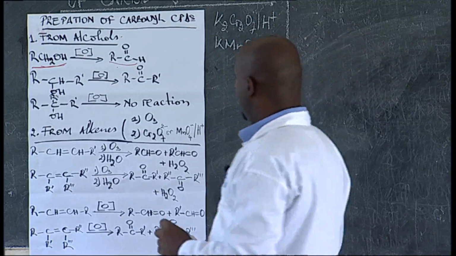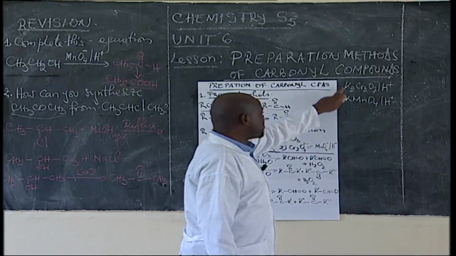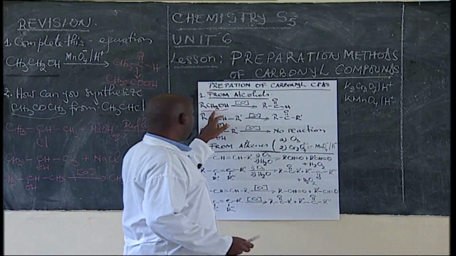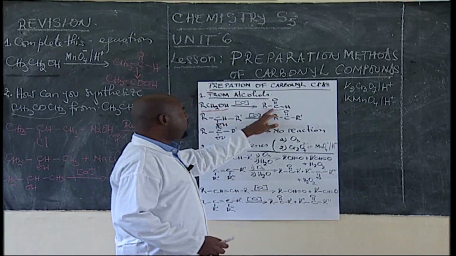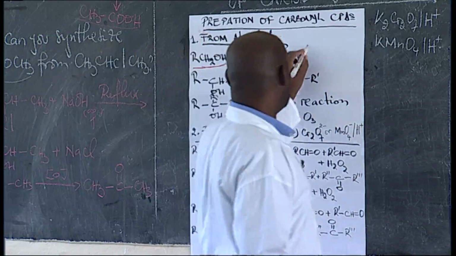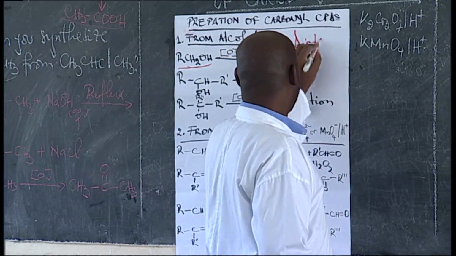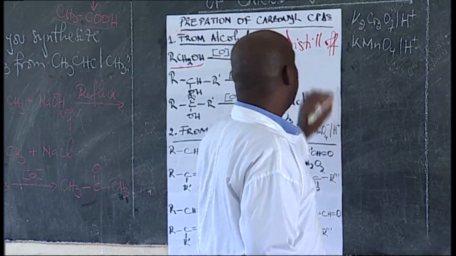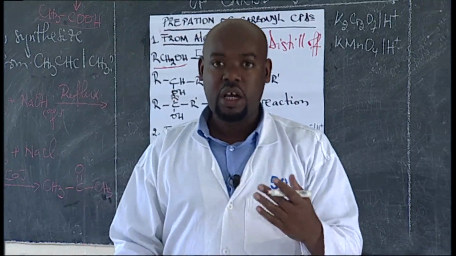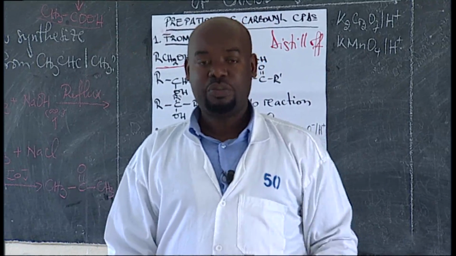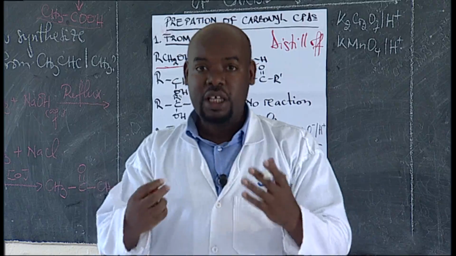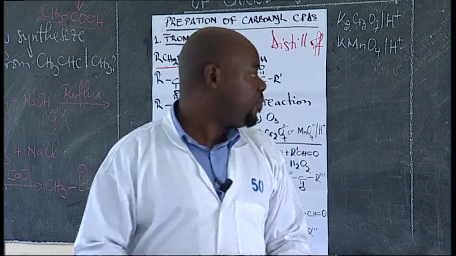And here, if you use these oxidizing agents, the common ones we know, and you want to start from a primary alcohol and produce an aldehyde, you have to remember this. You have to distill off the product as soon as it is formed, and you work under a low temperature. In that case, you can collect the aldehyde which is being produced.